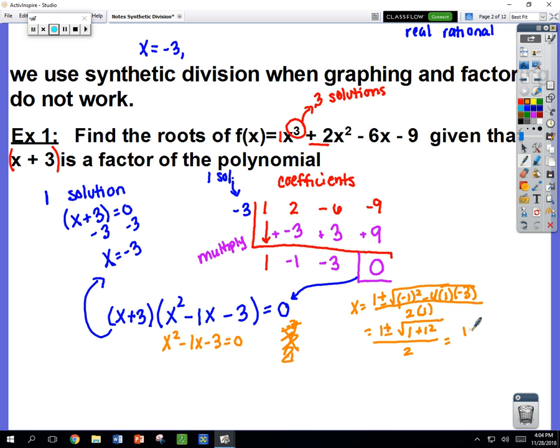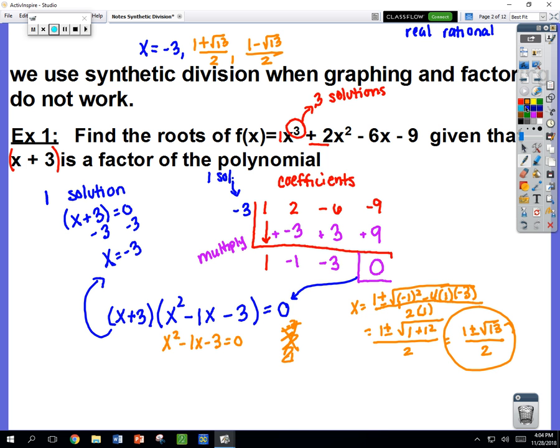And then 1 plus 12 is 13. I can't break down 13, so I end up just done here because 13 doesn't break down anymore. So one of my answers is 1 plus square root of 13 over 2. The other one is 1 minus square root of 13 over 2.